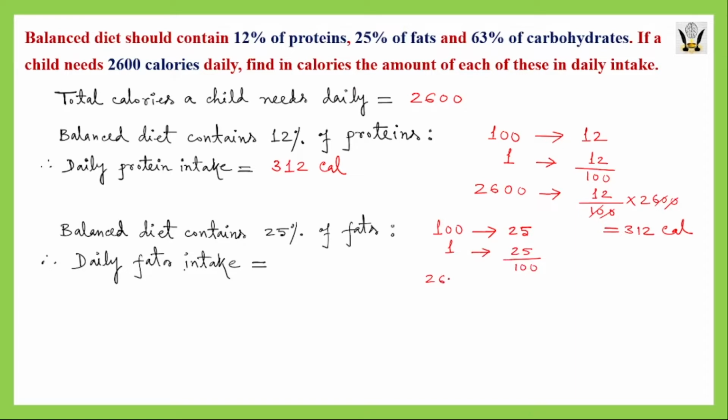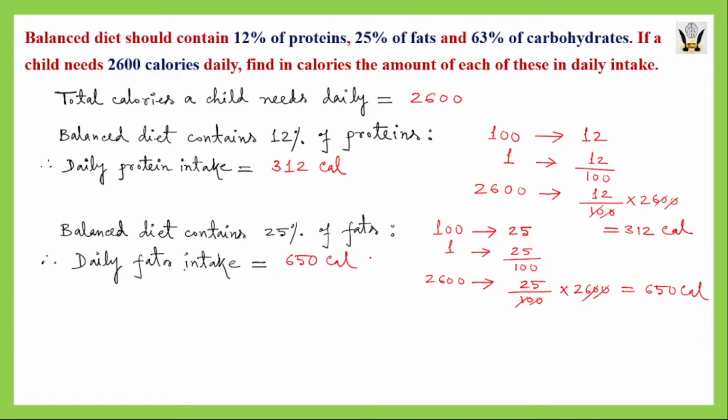And out of 2600, the amount of fat in calories will be 25 divided by 100 multiplied by 2600. So again it will be 25 multiplied by 26, so it is 650 calories. That means daily fat intake will be 650 calories, and that is with respect to 2600.